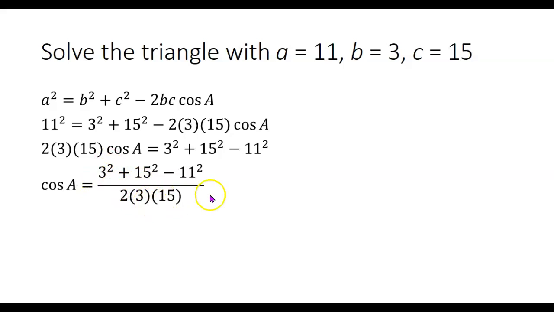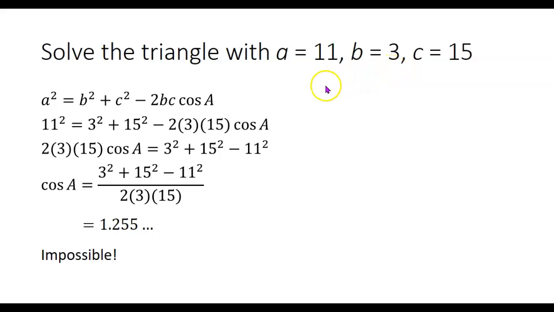Almost exactly the same, and we get the cosine of A this time is 1.255 and so on. But that's impossible. Cosine can never be greater than 1. If you try asking your calculator for the arc cosine of 1.255, it'll give you an error message. So there is no triangle with these three sides.